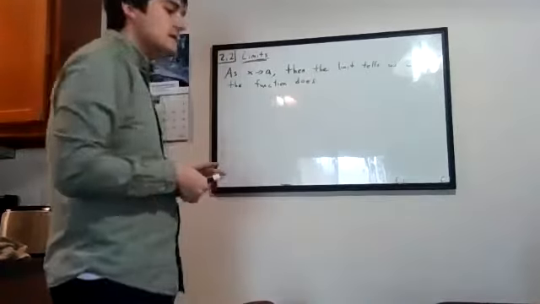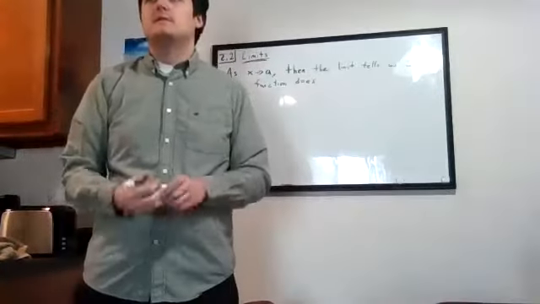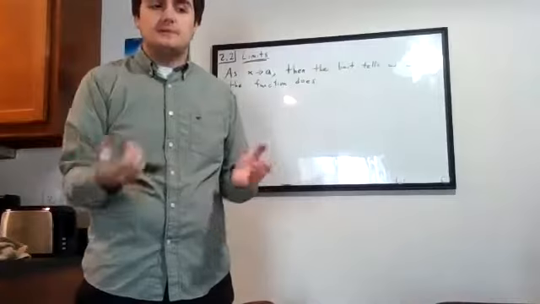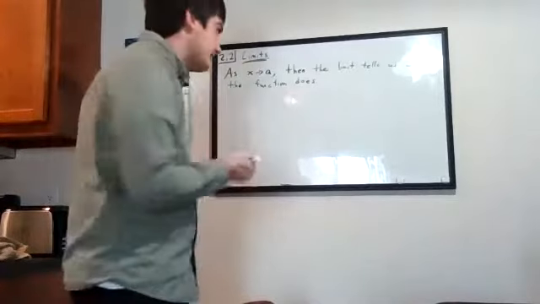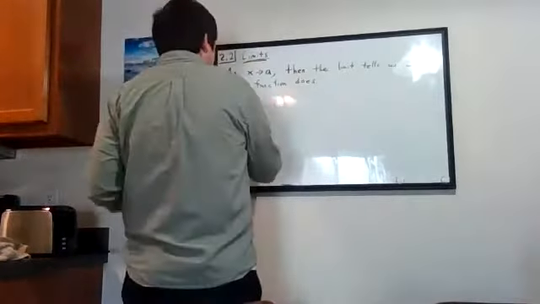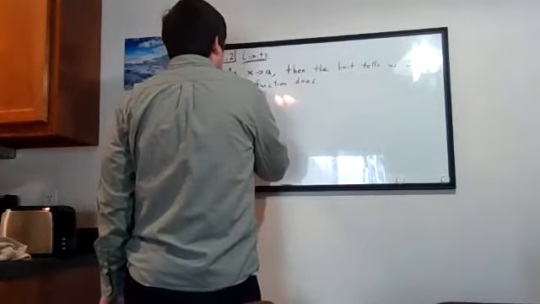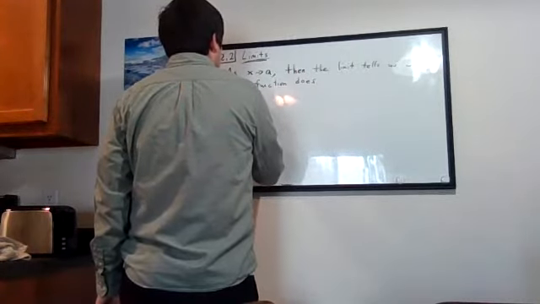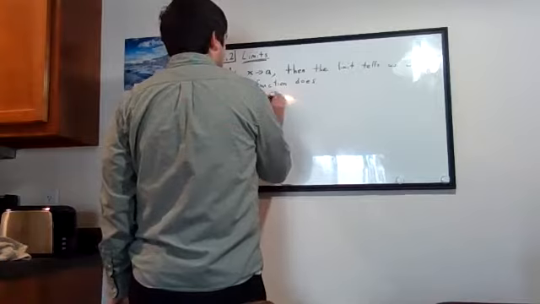Right? So it kind of tells us what the behavior of the object is, or what the function is at that point. So the way we write this, the notation for this is we'd say the limit as x approaches a of f of x, right?